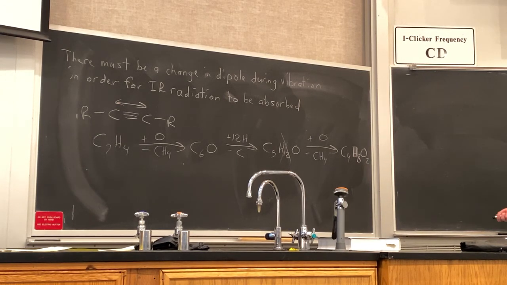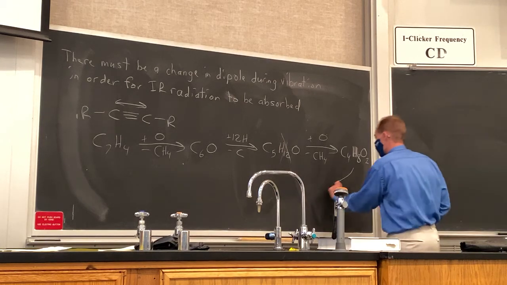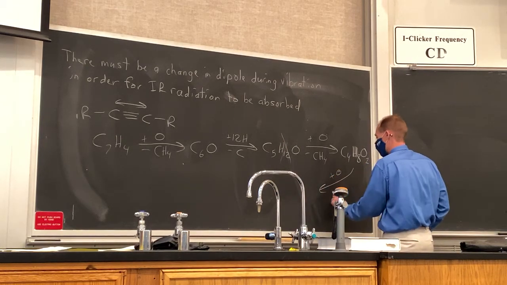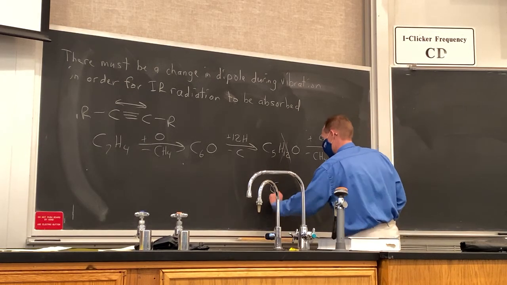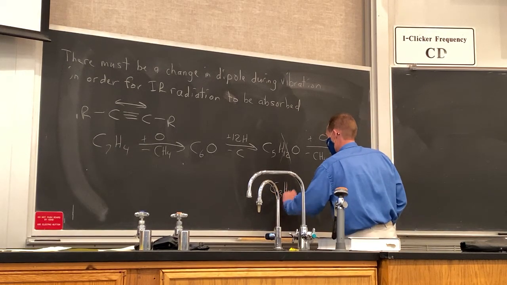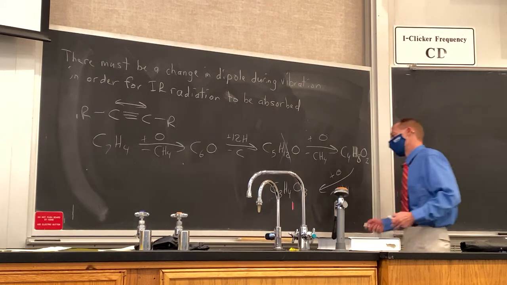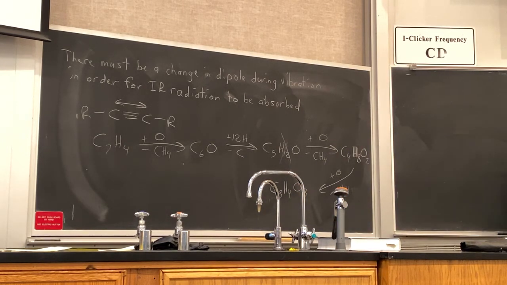Now we have a formula that fits our IR spectrum. So this could work. We should keep going to see if there are other possibilities. So let's add another oxygen, subtract another CH4. That gets us C3H4O3. How many degrees of unsaturation? 2.